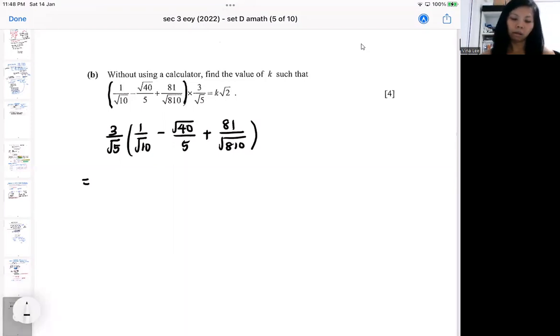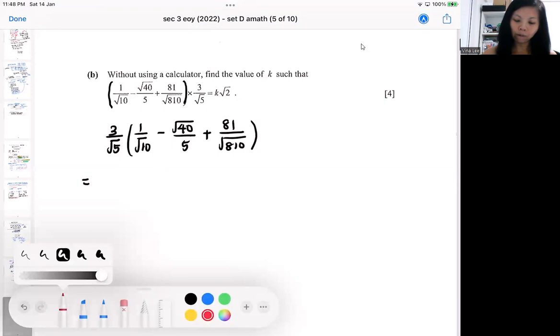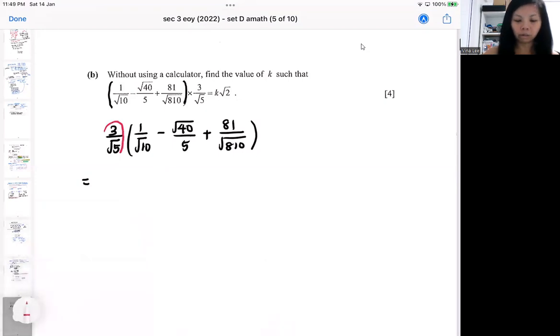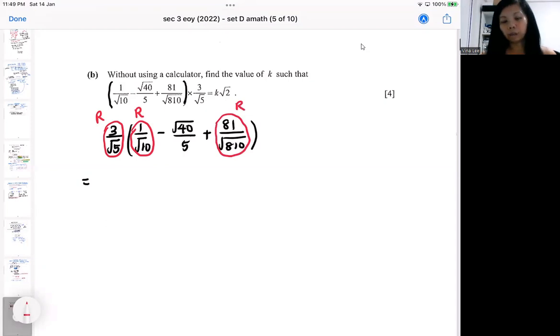How are you going to simplify? For example, which are the ones that qualify for rationalization? These qualify for rationalization because they are surds in the denominator. These also qualify for rationalization because there is a surd in the denominator. But the surd is very big.